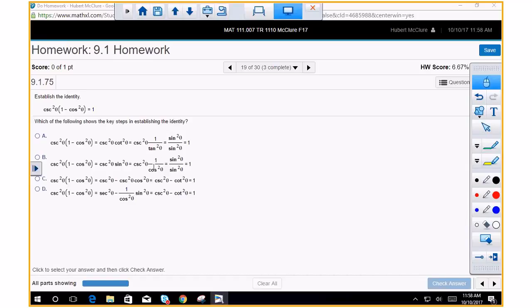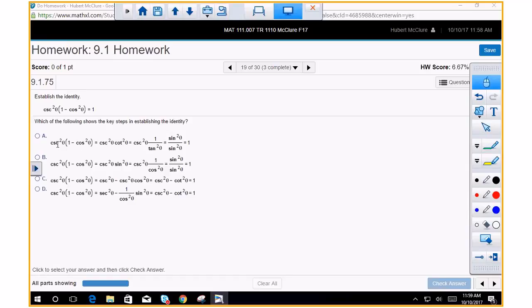Nope, it's not the first two. I believe what they're doing, a squared minus b squared. I believe they're changing this into 1 plus... I'm thinking, just chill.